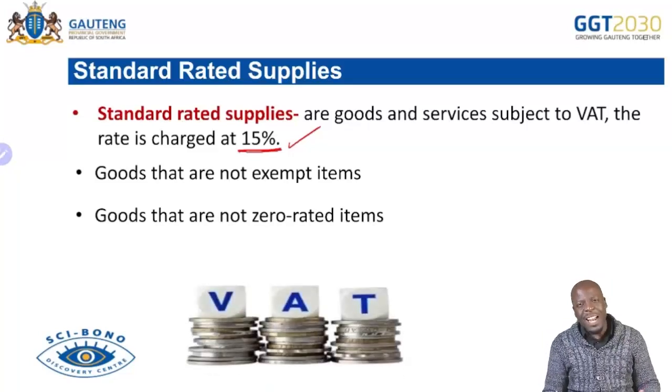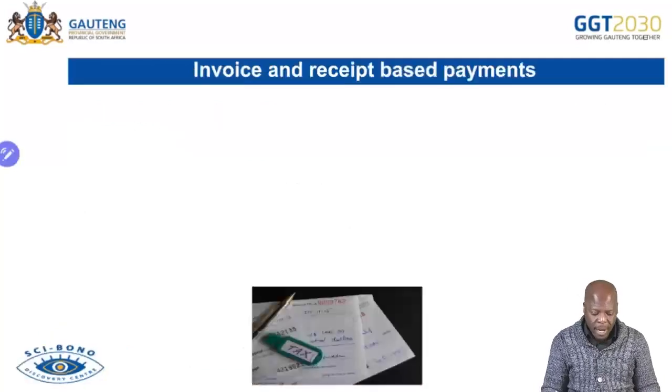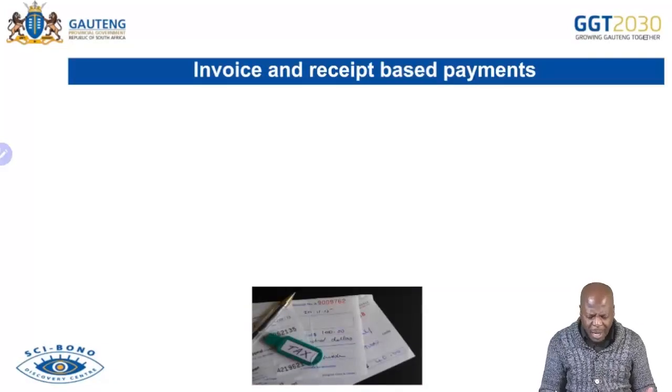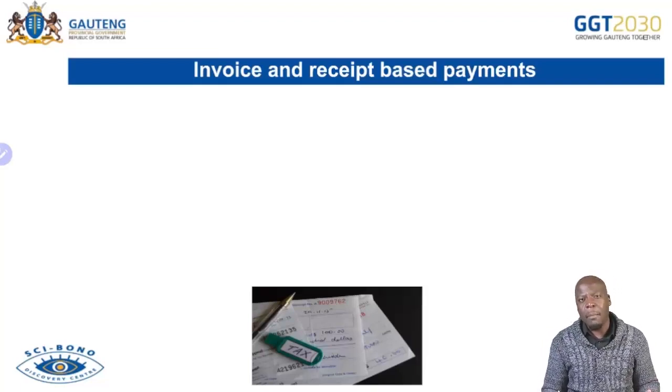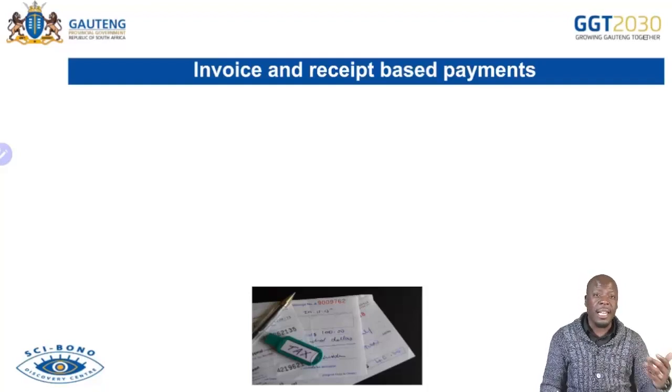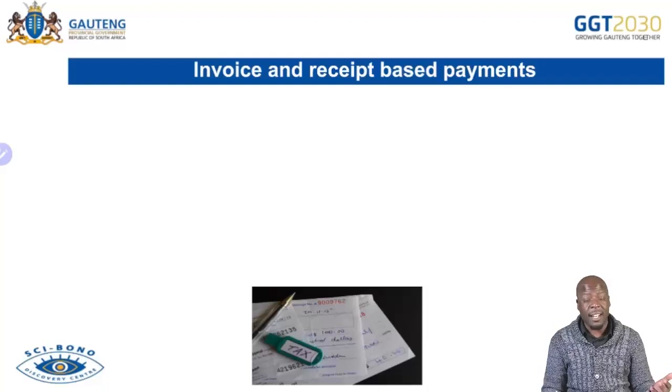Now, I want now to quickly go on to my next slide. I want to talk about the type of payments, because remember, we are collecting VAT so that we can pay it over to SARS. When we as a business are doing business, we are trading as a registered VAT vendor. We are trading and we are collecting VAT from our customers on behalf of SARS.